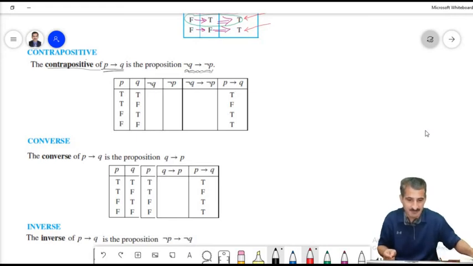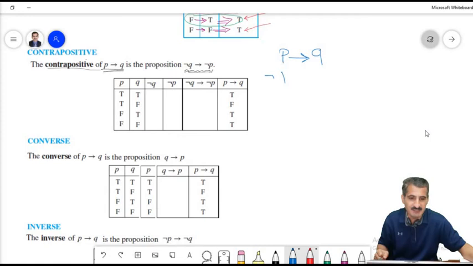So again, I would like to write it. P gives Q. The contrapositive is not Q gives not P. Let's see about the truth values of the contrapositive.